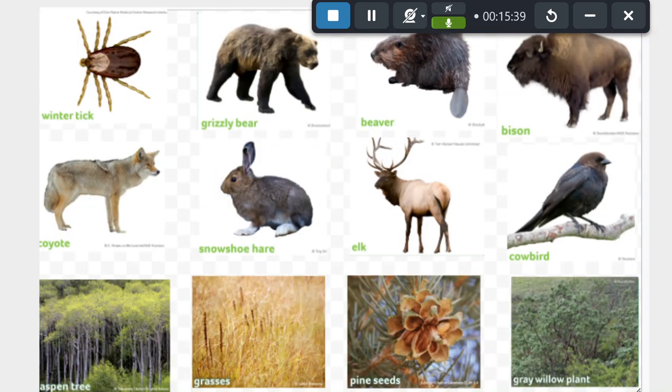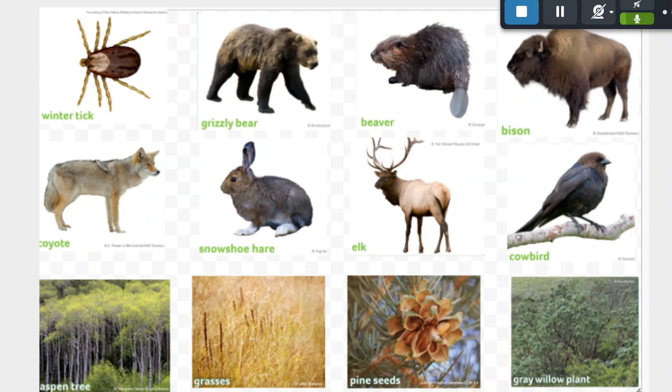Here are all the cards that we used. And so we have a winter tick and a grizzly bear, a beaver, a bison, a coyote, a snowshoe hare, elk, which I might have been calling an antelope, I'm not sure, cowbird. We have the aspen trees, the grasses, the pine seeds, and a gray willow plant.